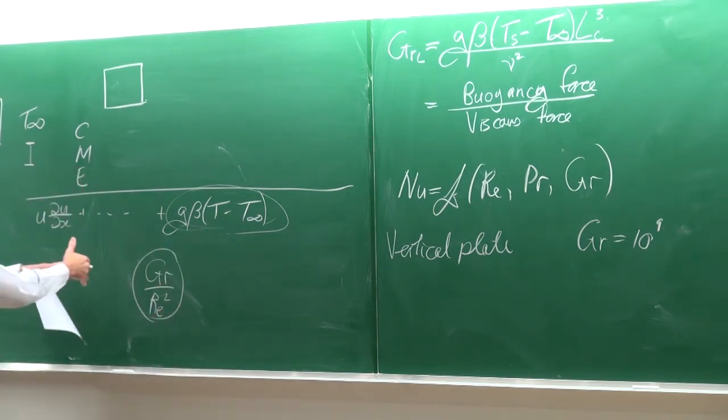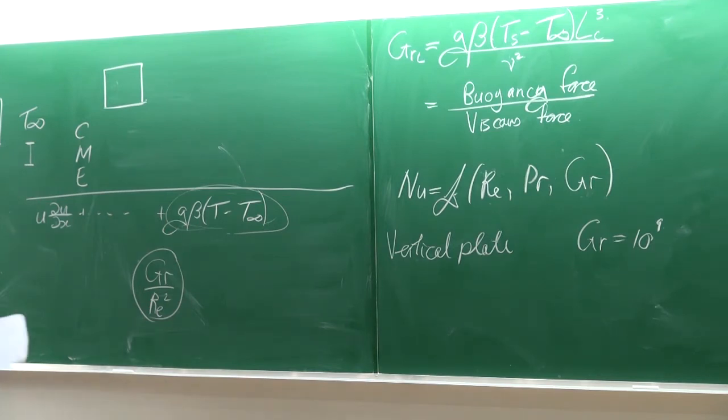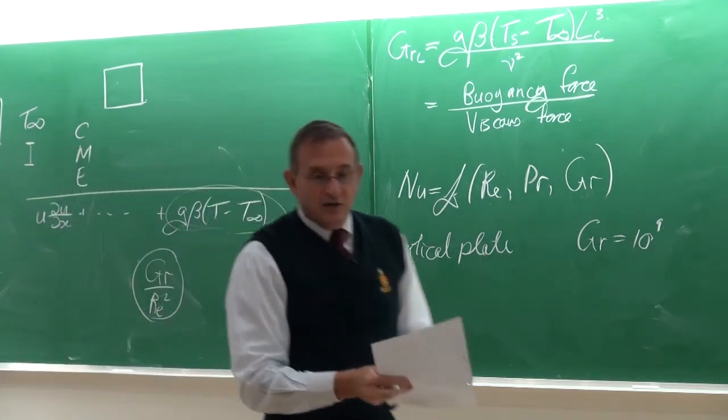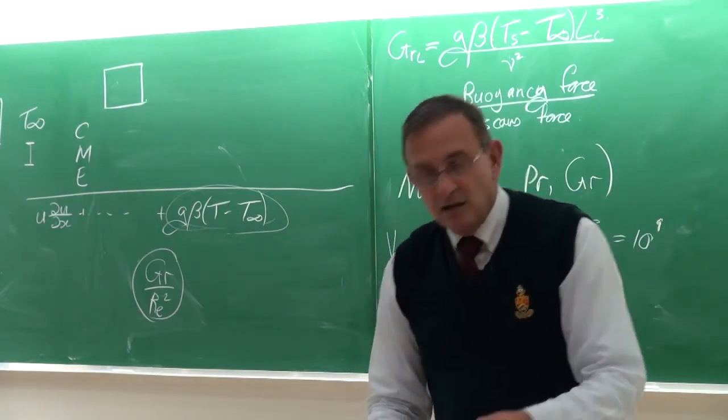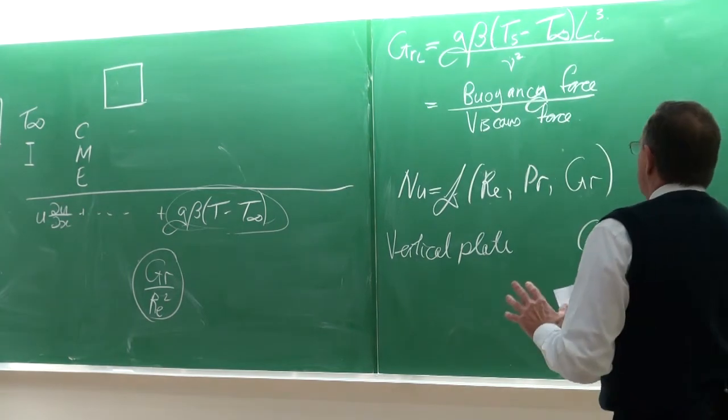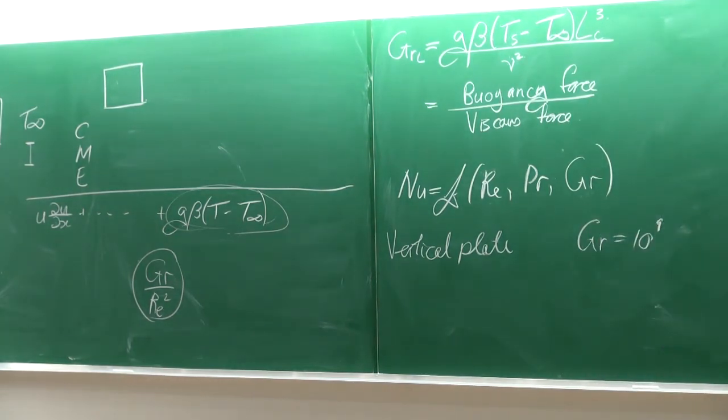That ratio is going to appear in the equations in your textbook. Now that is a very important ratio, because it tells us if a problem is being dominated as a forced convection problem or a natural convection problem, or a combination of the two.